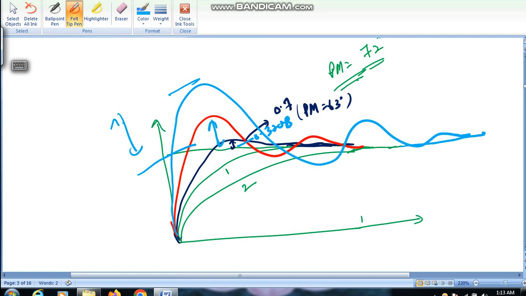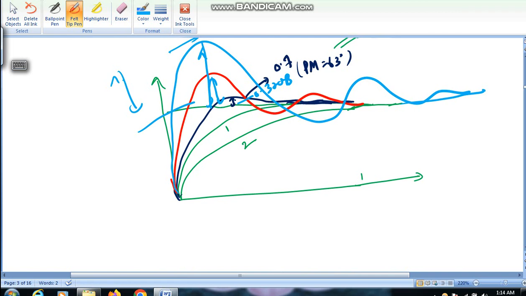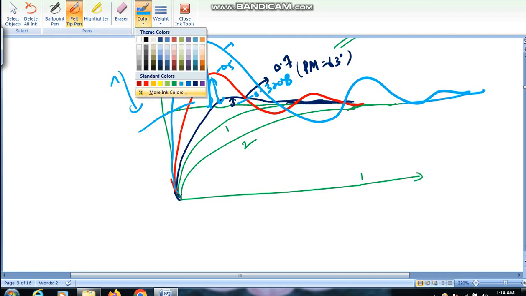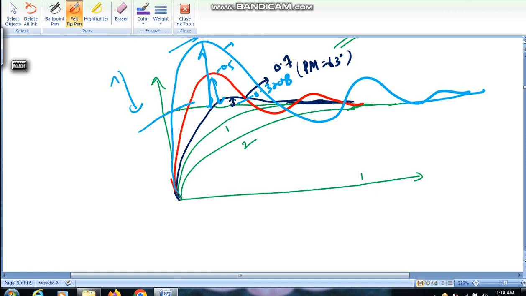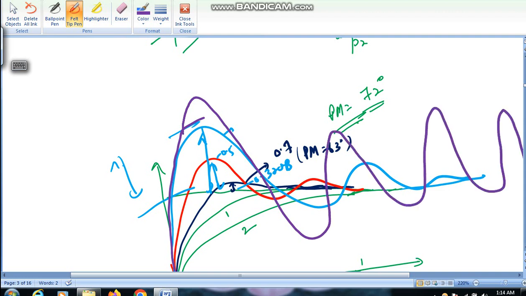This is increased, this is more increased, say this is a damping factor of 0.5, this is further reduced, and say you go to a damping factor of only 0.1, then it will actually oscillate. It keeps on oscillating.